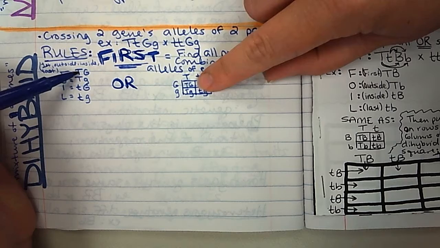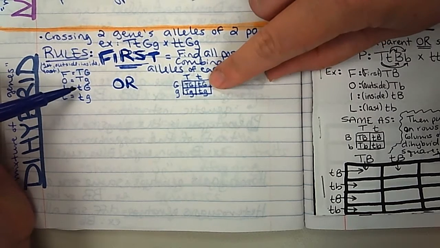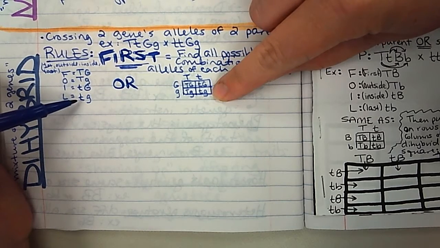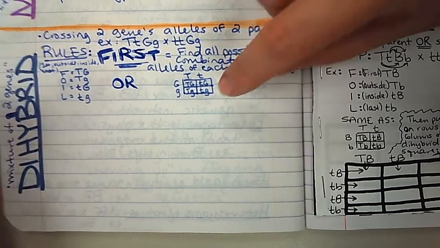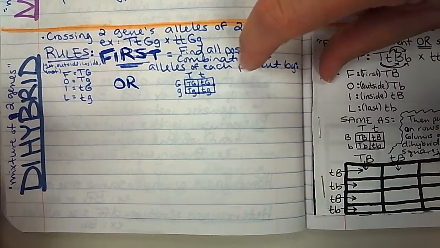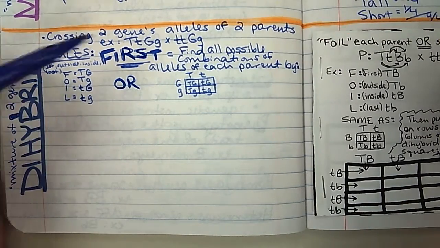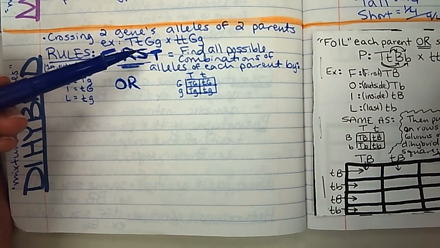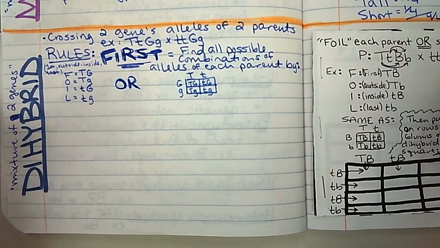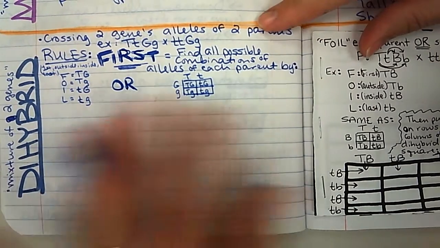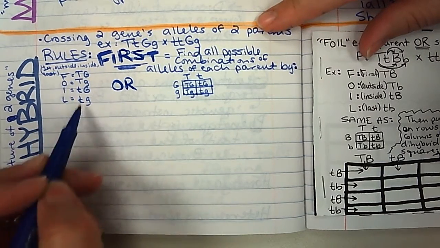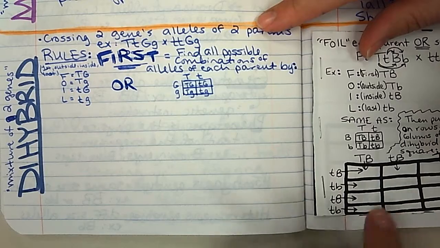And you get the exact same information. Okay, so either one of these is going to give you the exact same answers, but you have to keep your t's first just because they're listed first in your parents. Okay, so you have to do that first. That's very, very important. So once you do that, then you know all of the possibilities of what you're going to put over here on your square.